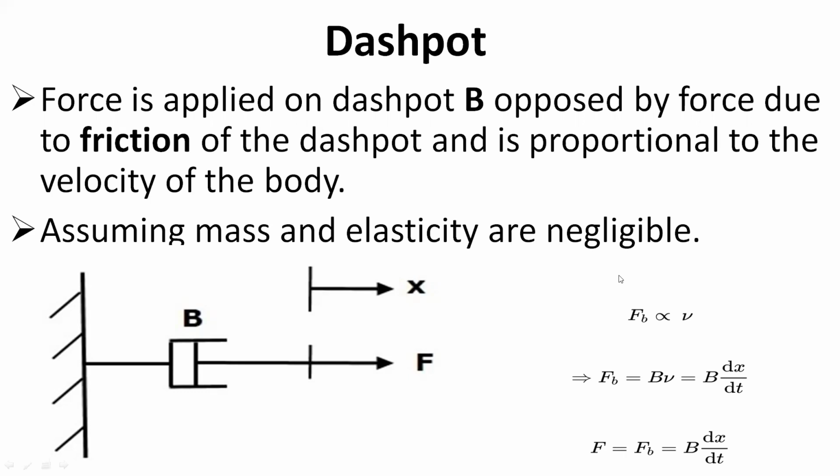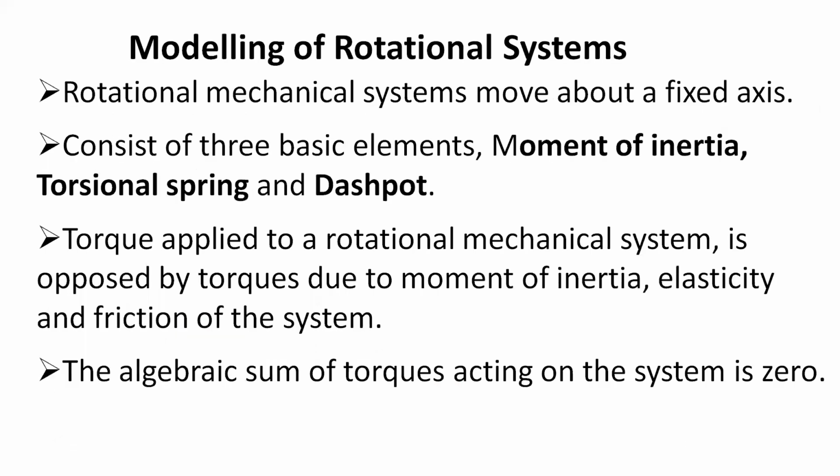So these three are the individual elements of the translational mechanical systems. Now let's see the modeling of rotational mechanical systems, which move about a fixed axis. These systems mainly consist of three basic elements: moment of inertia, torsional spring, and dashpot.